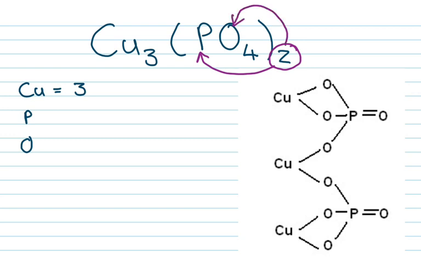But that little 2 also applies to the oxygens. But there's already a 4 by the oxygens, which means that we are going to have to multiply the phosphorus by 2, but we're also going to apply the oxygen by 2, which means in this chemical formula we will have 2 phosphorus but 8 oxygens.